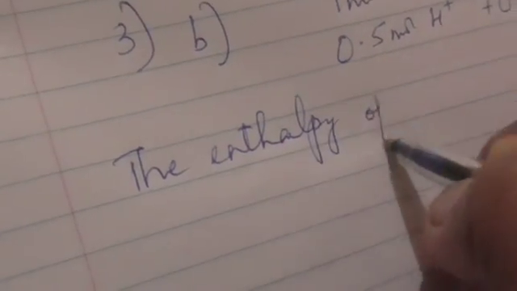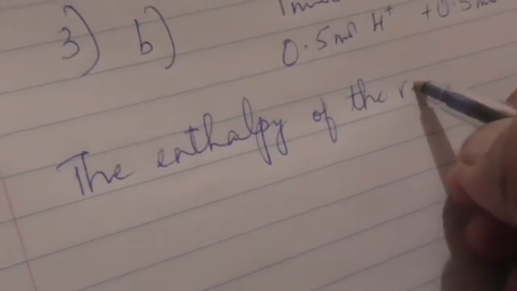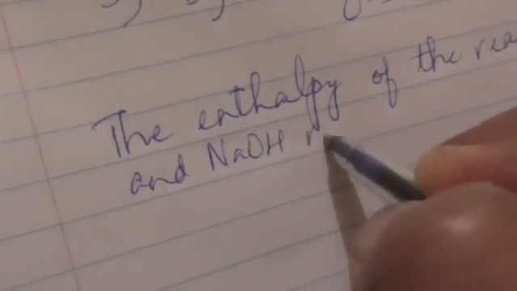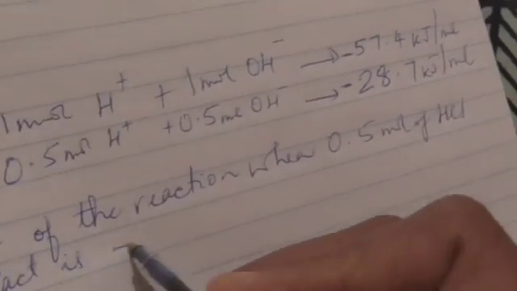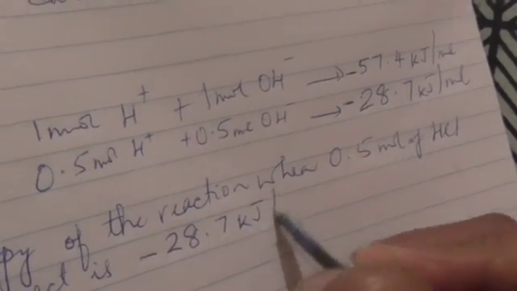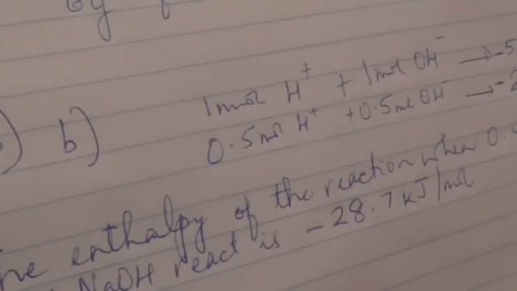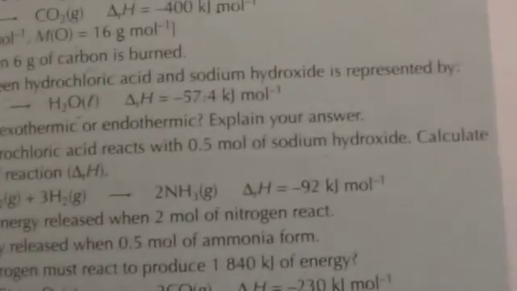The enthalpy of the reaction when 0.5 moles of HCl and sodium hydroxide react is, what's the number? Negative 28.7 kilojoule per mole. Alright, so we've answered that. We can move on to the next question, which is question 4.